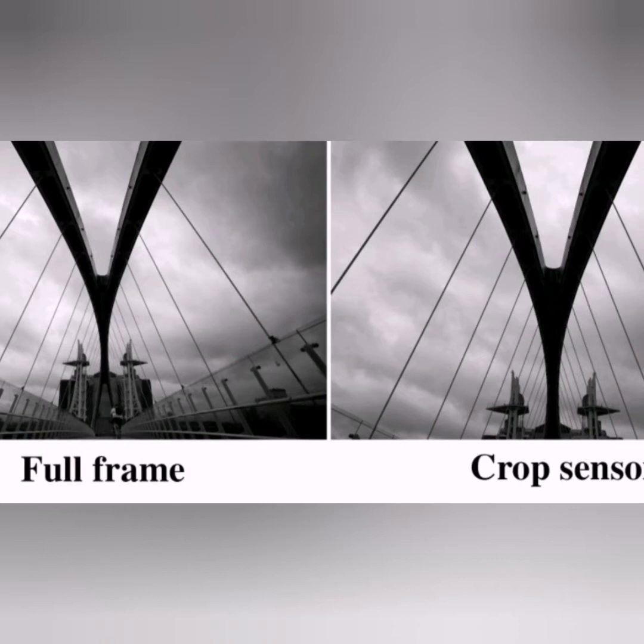This means that if a full frame Nikon D800 and a crop Nikon D7100 take the same photo from the same distance with the same lens and point of view, the D7100 will capture a smaller field of view than the D800. So this is the example. I show you the picture of full frame and crop sensor. You can see the full frame got the whole thing and the crop sensor has a smaller field of view, like this.